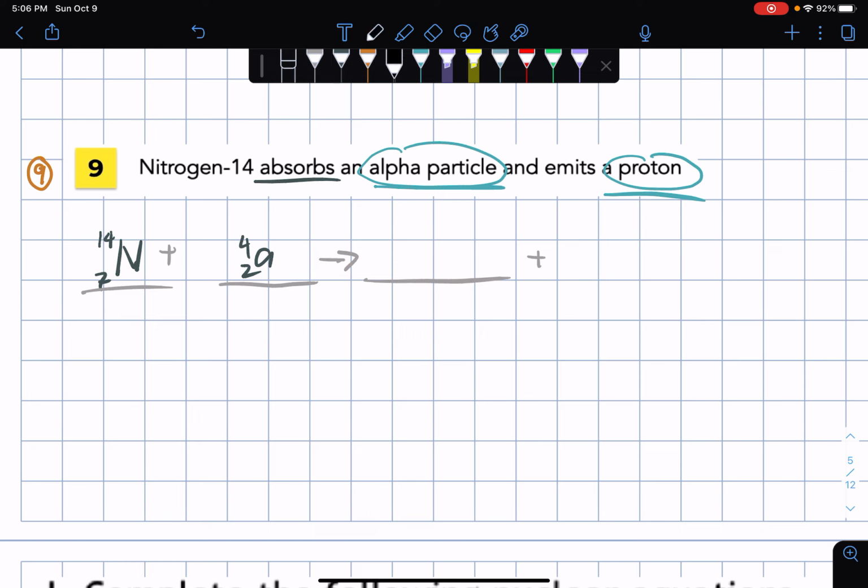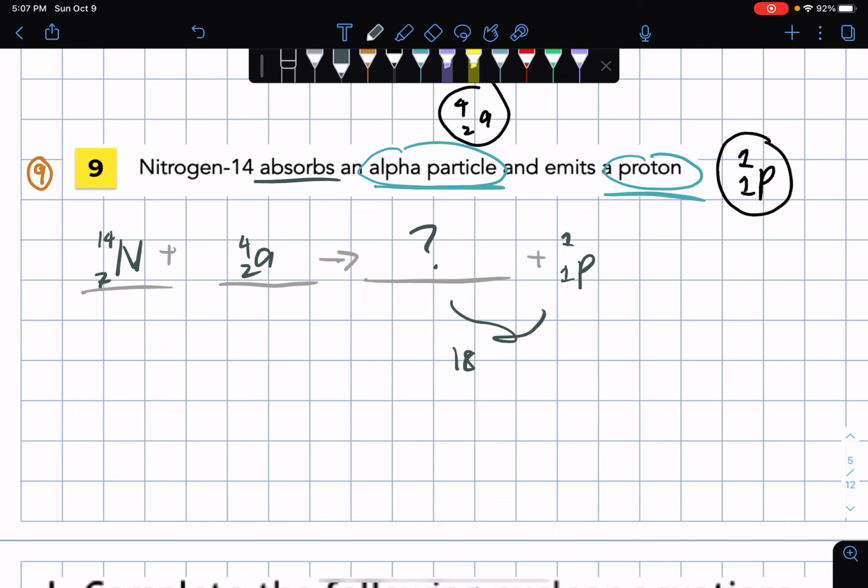Since the proton is written like this and the alpha particle is written like this, we put the proton here, and this is the missing value. Given 14 plus 4, that would be 18. Of course, the atomic mass altogether should be 18, and the atomic number should be 9.